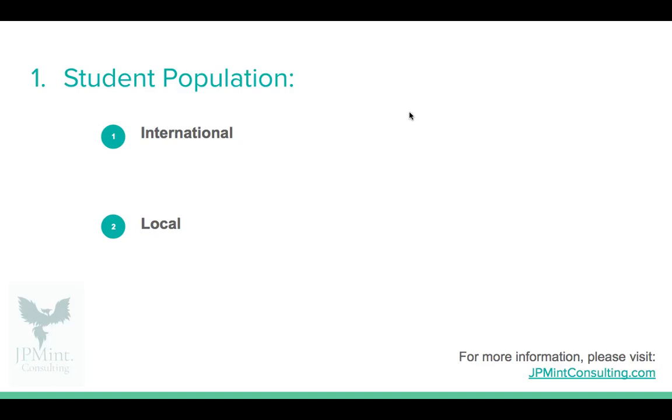And then furthermore, ask how many different nationalities, because what they consider international might be, for example in the Gulf, that obviously all international students will be lumped in, but there might be 60% Arab students and then 30% local.